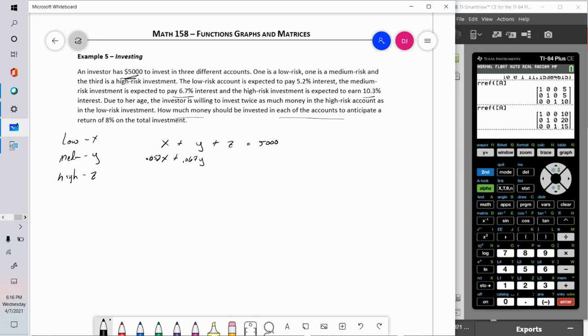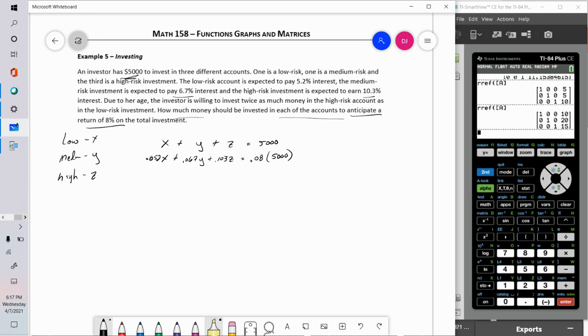My high risk is expected to earn 10.3% interest, and she anticipates she wants to earn 8% on the total investment. So that's going to be 8% on the total investment of $5,000.